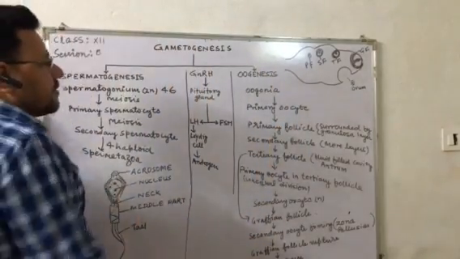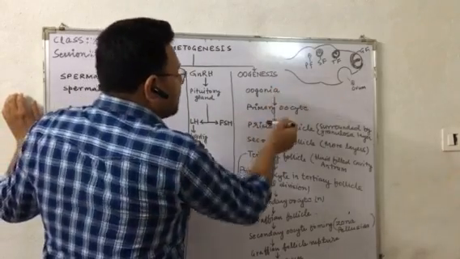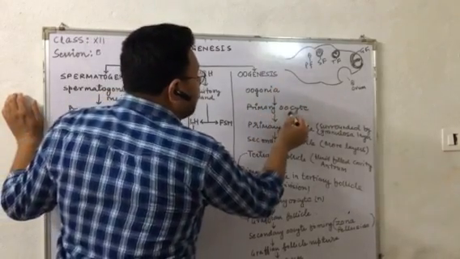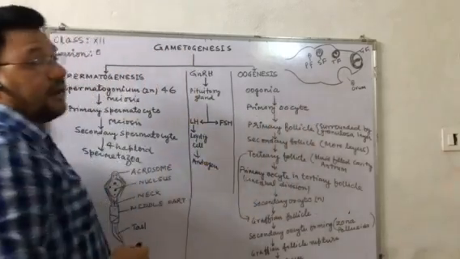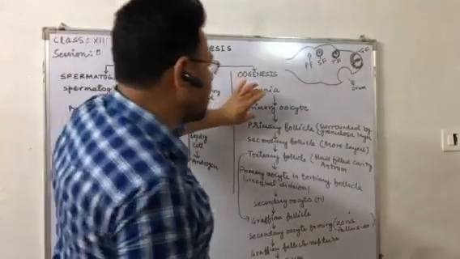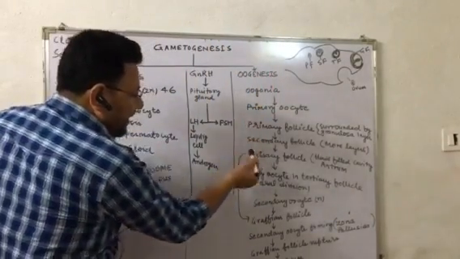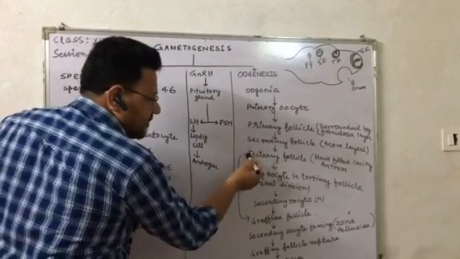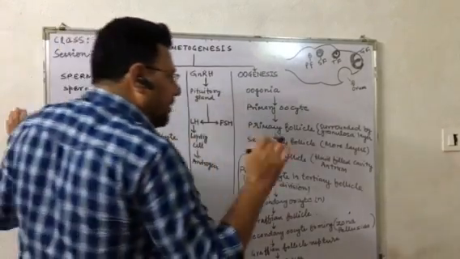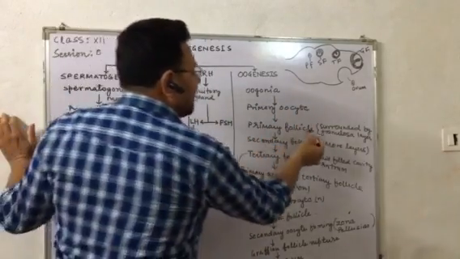Then this oogonia undergo meiosis and form the primary oocyte cell. Now this primary oocyte cell is formed. Now you see primary, secondary and tertiary follicles. So always take care about this word. Oocyte I am talking about, and they are the follicles.